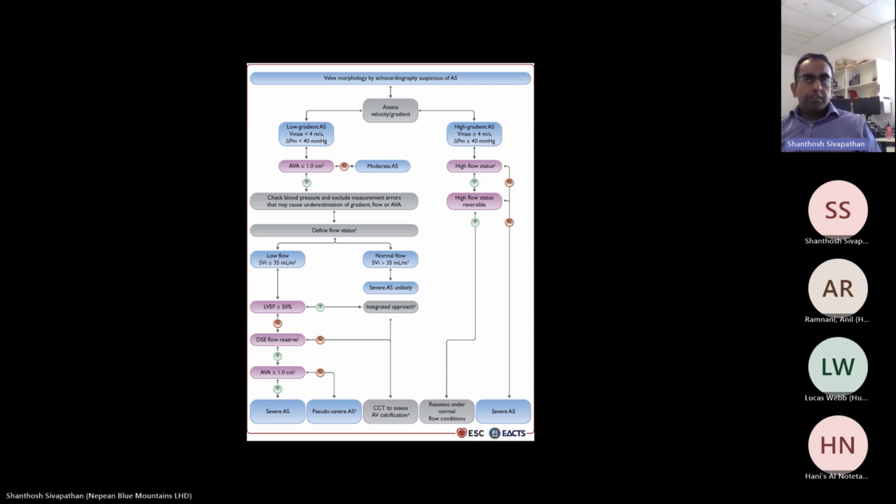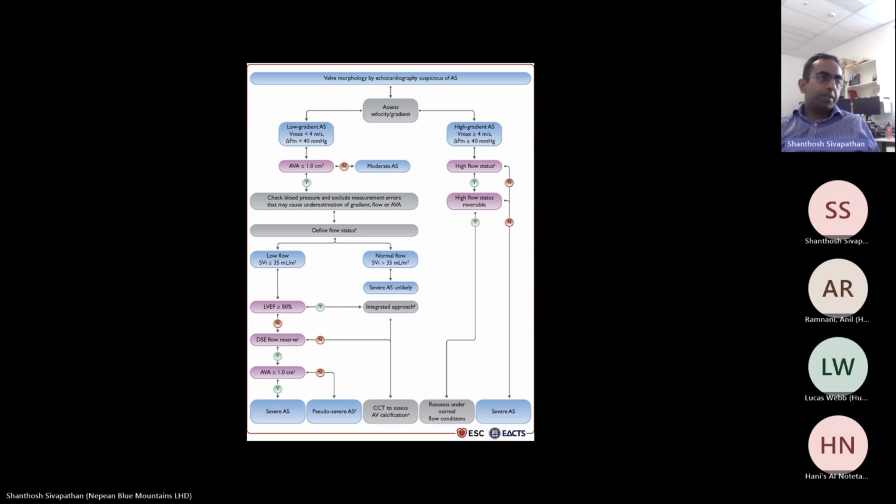In some cases, you will get where there's no contractile reserve. You're flogging a dead horse. That's where it becomes difficult, in terms of how do we manage this patient? Is the cardiomyopathy secondary to the aortic stenosis, or is there another cause of their cardiomyopathy?